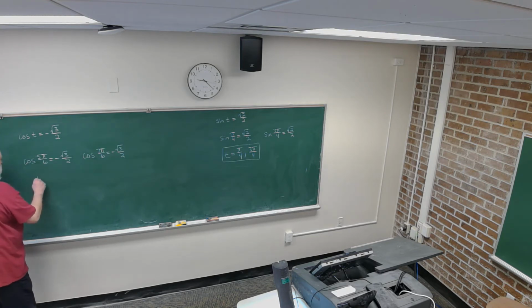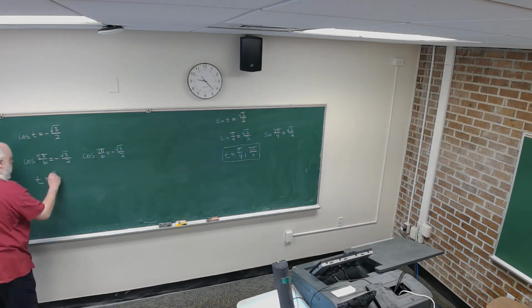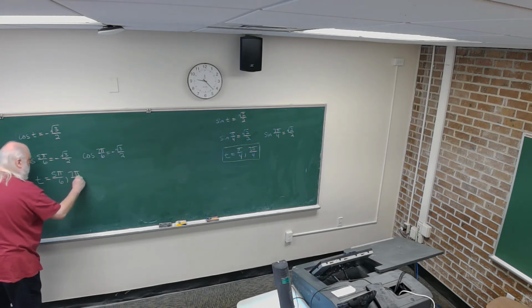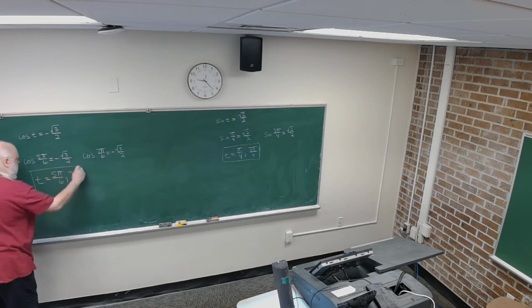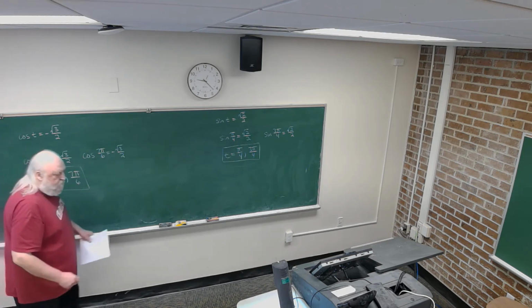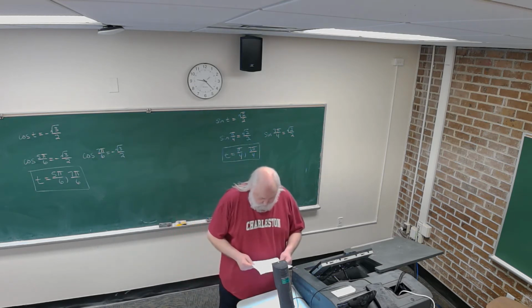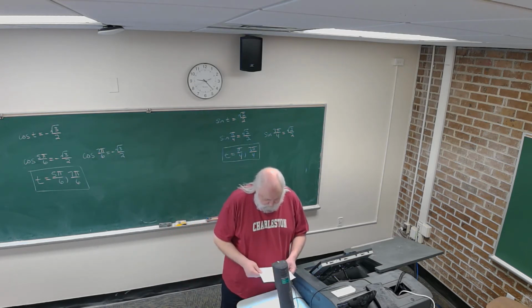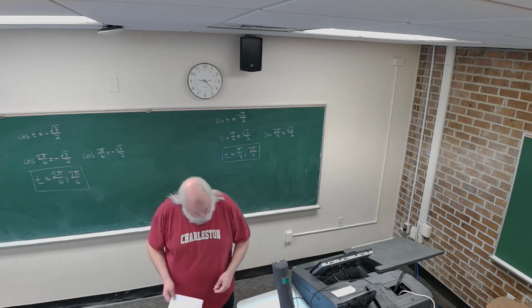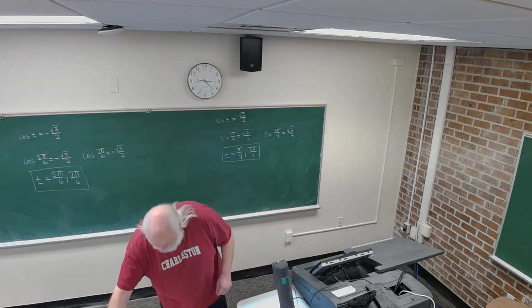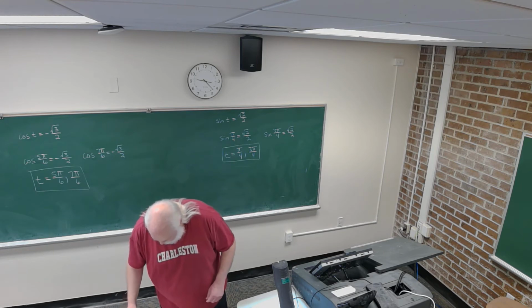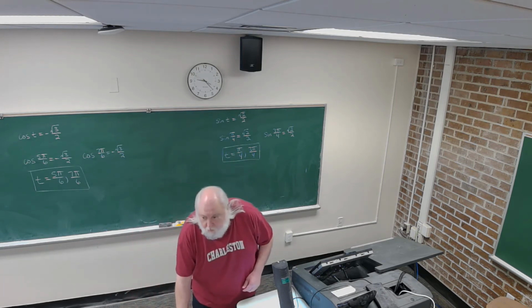So the two angles on the unit circle, from 0 to 2 pi, that satisfy this equation are t equals 5 pi over 6 and t equals 7 pi over 6. Any questions on that, ladies and gentlemen?